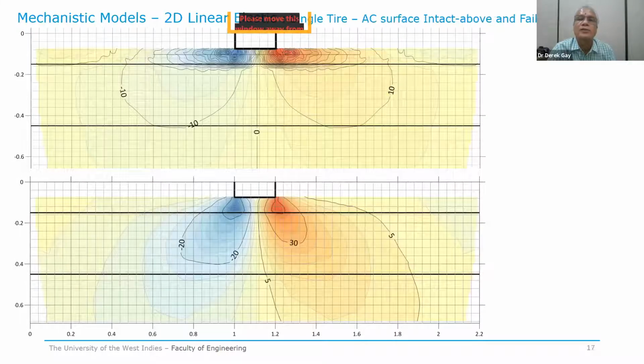This is just illustrating as well the comparison between an unfailed asphaltic surface at the top, where the shear stresses are well contained within that asphaltic shell. That's 100 millimeters in this case. And at the bottom, in a compromised asphaltic surface, you see the shear going all the way into the base layer.